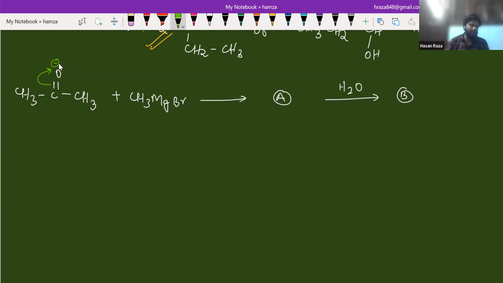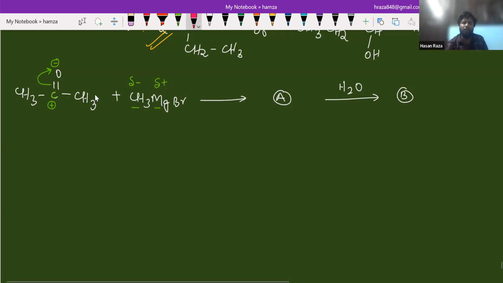Now, carbon is a non-metal, more electronegative, and magnesium is less electronegative, a metal, an electropositive element. So magnesium's electron will be withdrawn by carbon. So carbon will have delta negative, and magnesium delta positive.